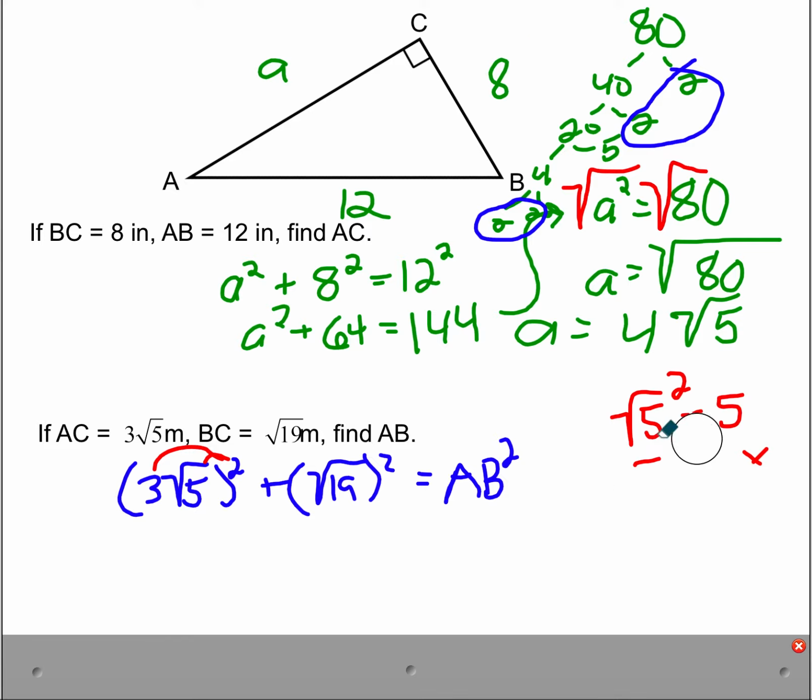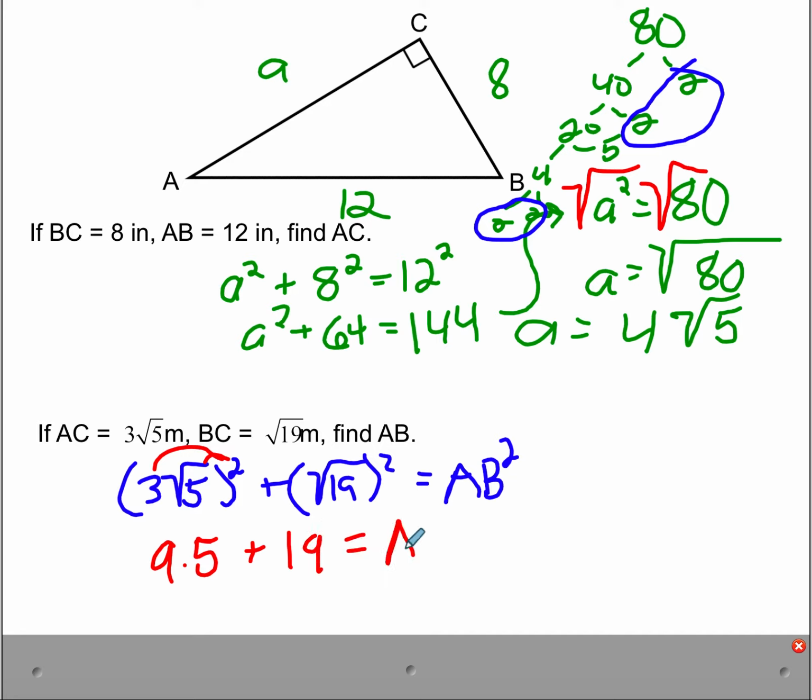So for here, 3 root 5, 3 squared is 9, and root 5 squared, like we already said, is just 5, so that becomes 9 times 5, plus root 19 squared, which is just 19, equals AB squared.